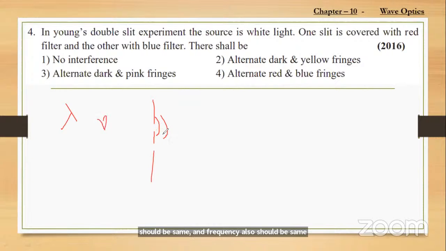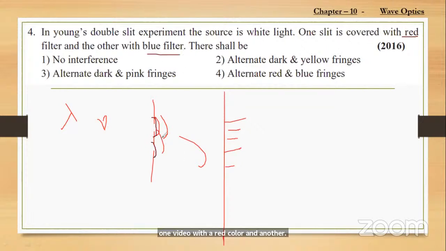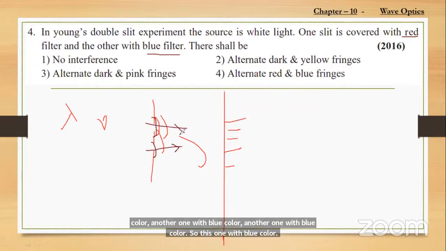If they interfere, then only consecutive bright and dark fringes will form. Here, one window has red color and the other has blue color, so the wavelength coming out from the two slits is different.